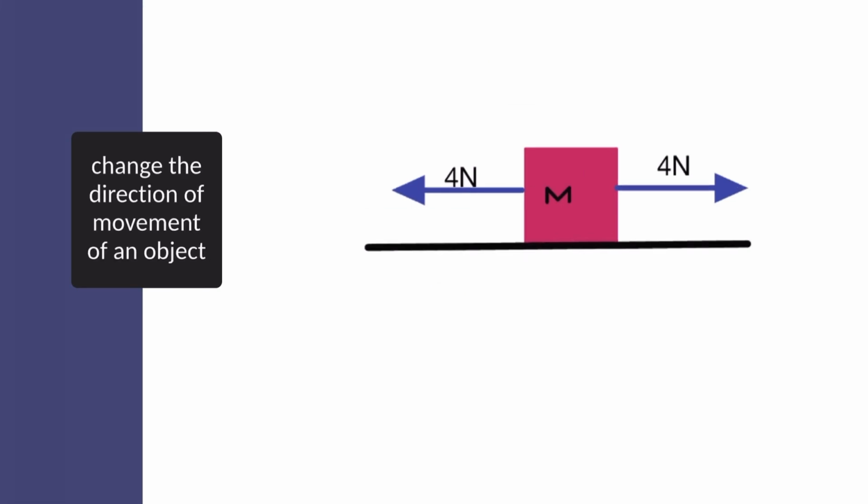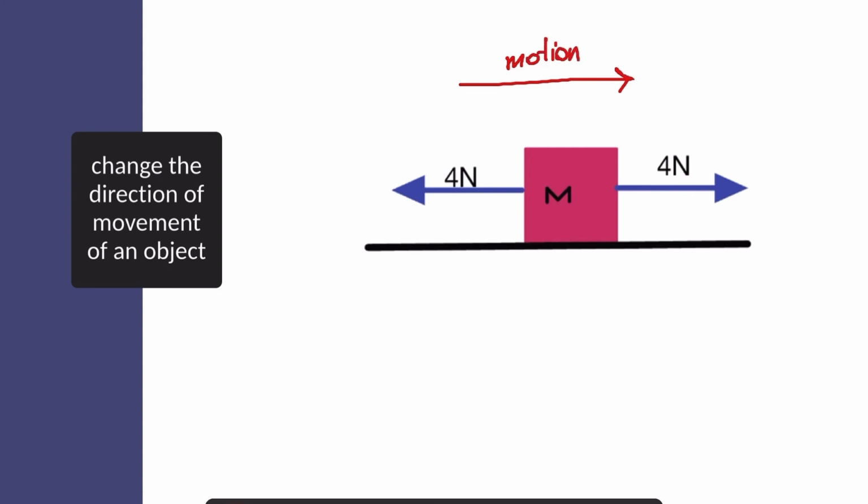In another case, suppose the same object is in constant motion, moving to the right, or due east, with a constant velocity. This is the direction of motion.